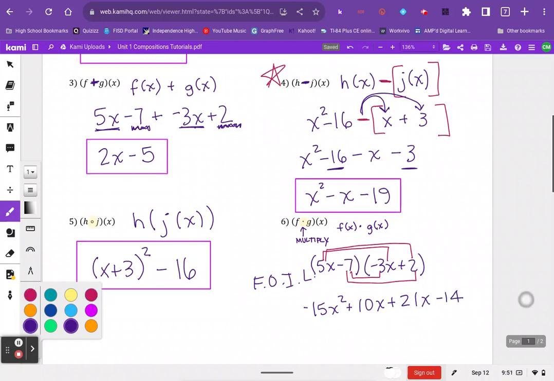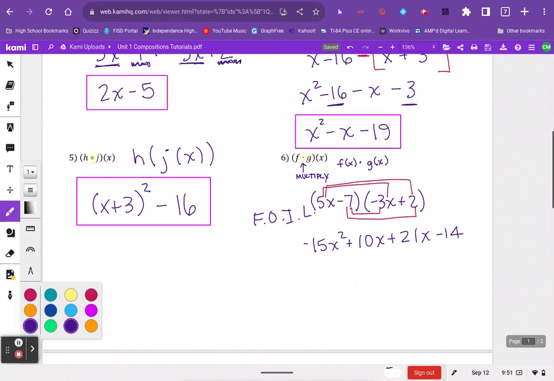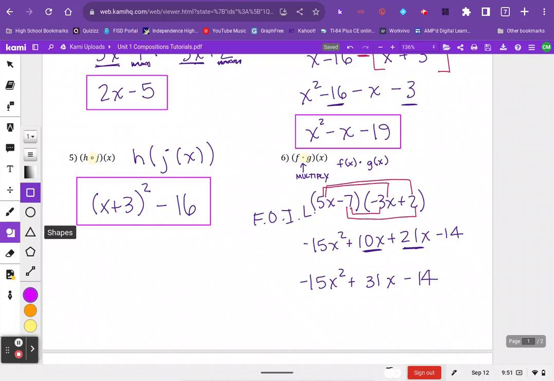Okay. I can combine these two terms in the center. And that is all I can do. All done.